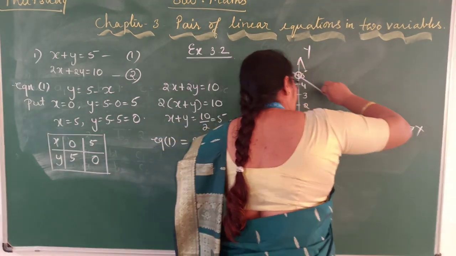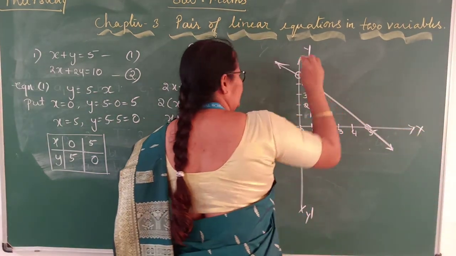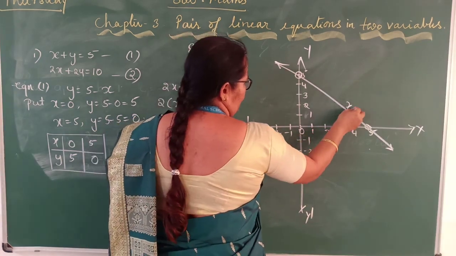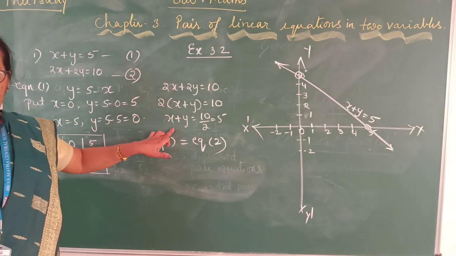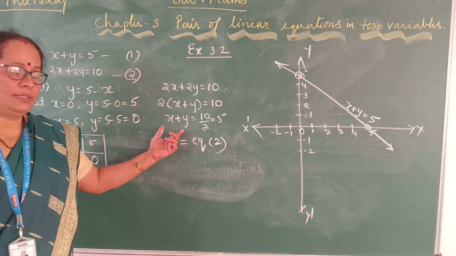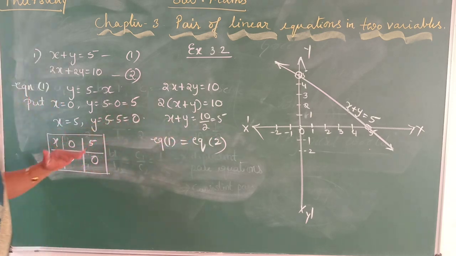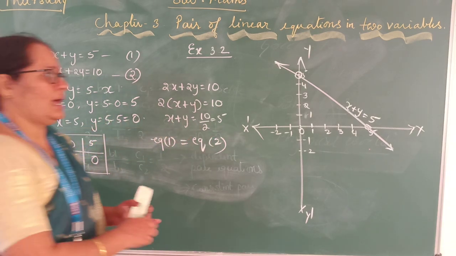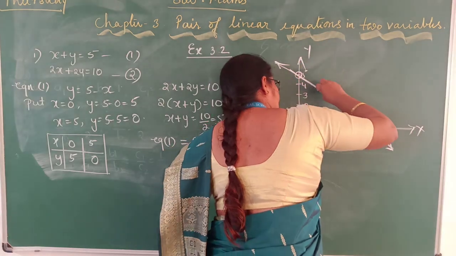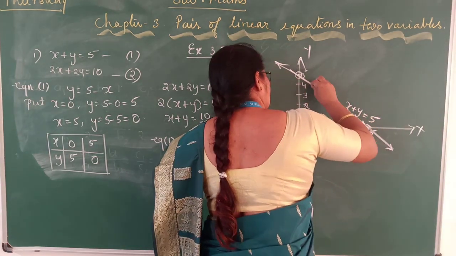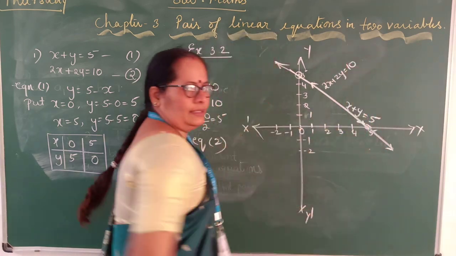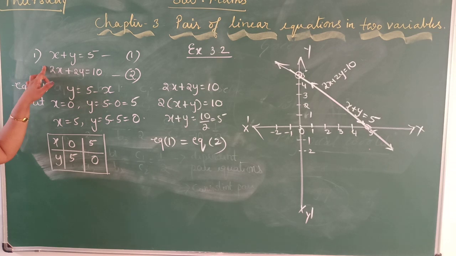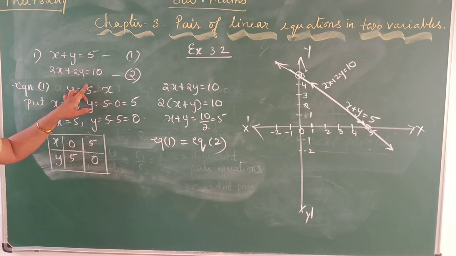Now, join these 2 points. So, this is for the first equation, x plus y equals 5. For the second equation also, x plus y equals 5, you will get the same coordinates. It means that you will get coincident lines. This is the graph for the pair of equations x plus y equals 5 and 2x plus 2y equals 10.